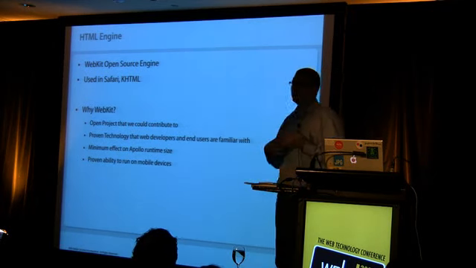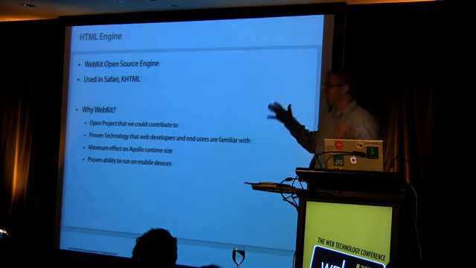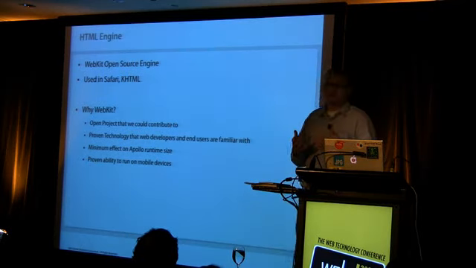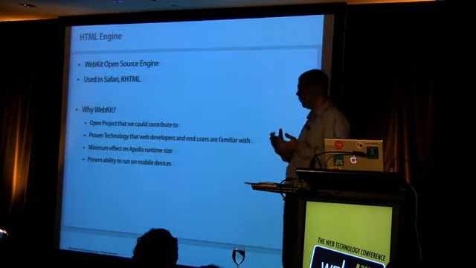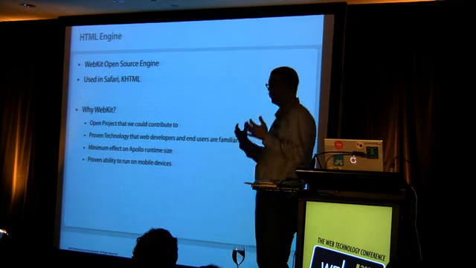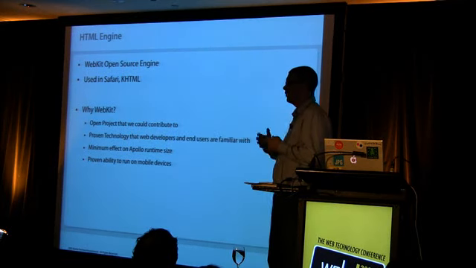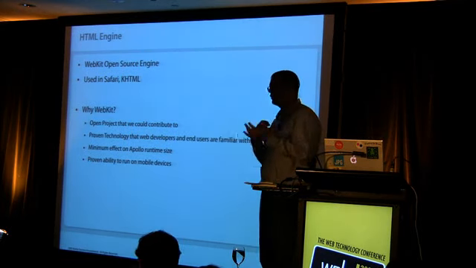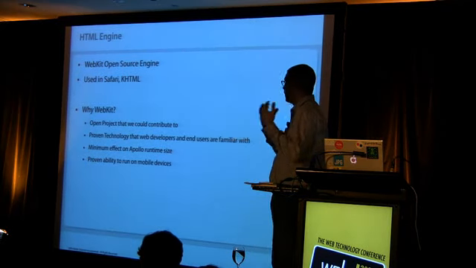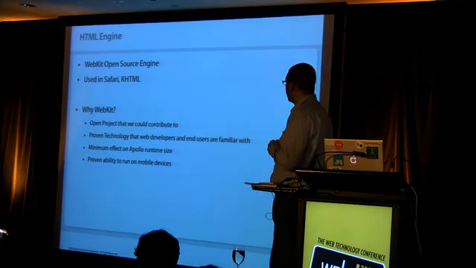And we ended up choosing WebKit after looking at a number of criteria. The first is that we wanted an open project that we could contribute back to. Right? We didn't want to build our own from scratch and maintain it over time. It's a lot of work. So we wanted a project that we could take bug fixes from, we could submit back to, and pretty much strengthen that project.